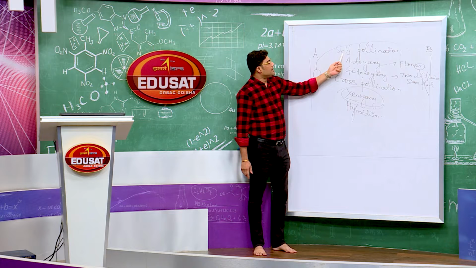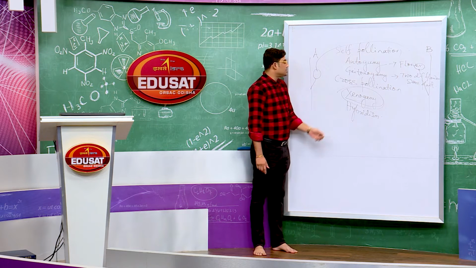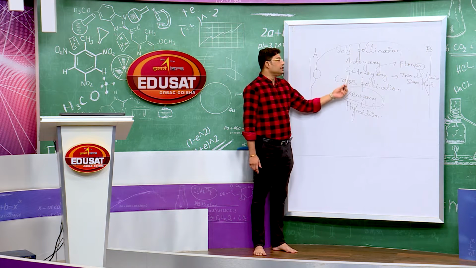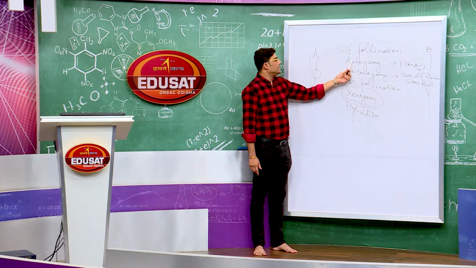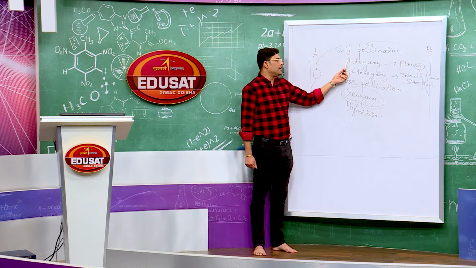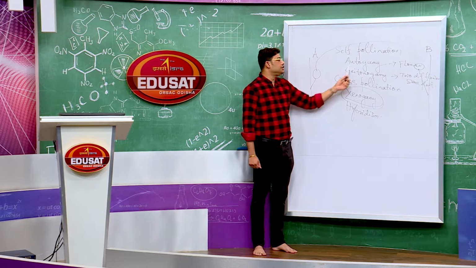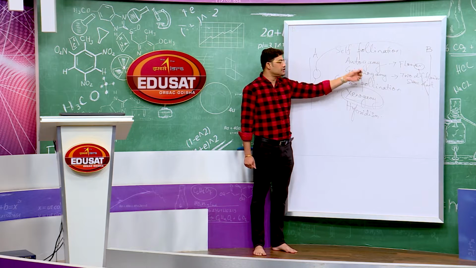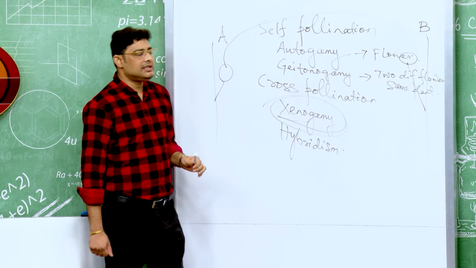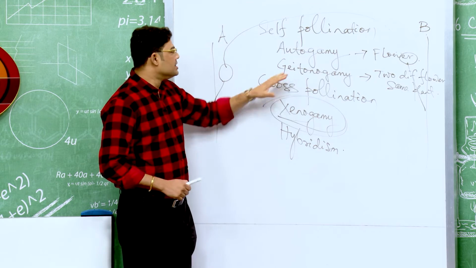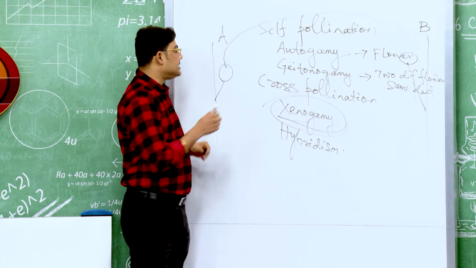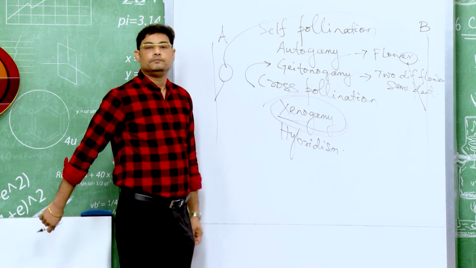So ultimately we have two types of pollination, one is self pollination, the other one is called cross pollination. In self pollination, one is autogamy, within the same flower, and geitonogamy, two different flowers but born on the same plant. Now some of the authors consider geitonogamy as a type of cross pollination.